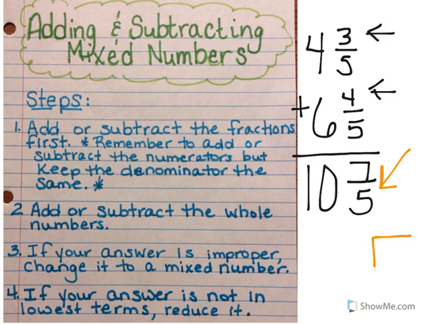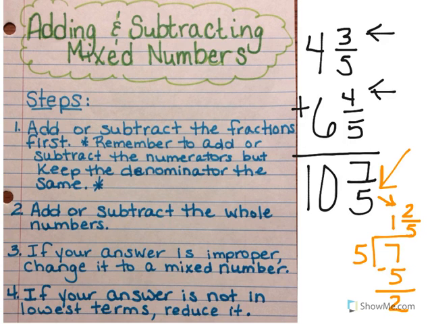So I'm going to take that 7 and divide it by 5. 5 can go into 7 one time, and 1 times 5 is 5. 7 minus 5 is 2, and that 2 is going to become my numerator. And remember, my denominator is going to stay the same. So 7/5 is indeed equal to 1 2/5.